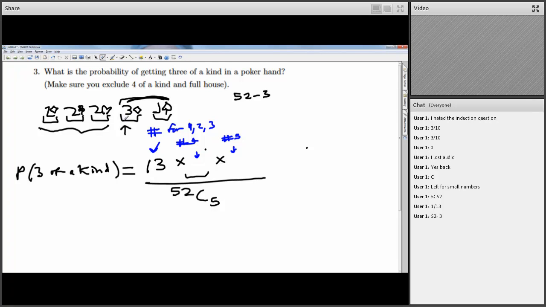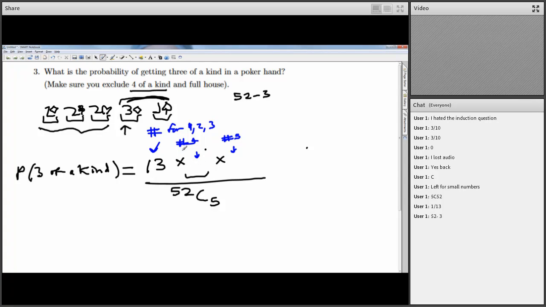That would allow the possibility for 4 of a kind, which we want to explicitly exclude, because if you ever play poker, they don't call it a 3 of a kind, they call it something else. If you just wanted to count all the ways of getting 3 of a kind and maybe 4 of a kind and full house, you want to get all of them together, then you could indeed do that approach, 52 minus 3 for the last 2 cards. But because we want to be more special, we have to exclude it out.